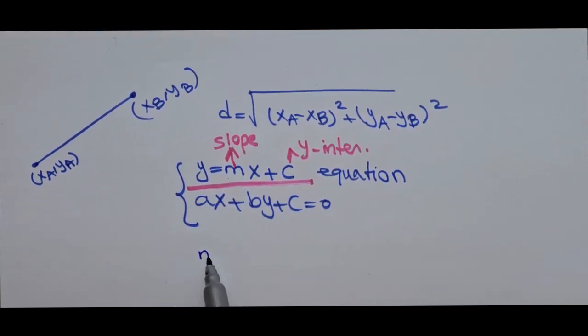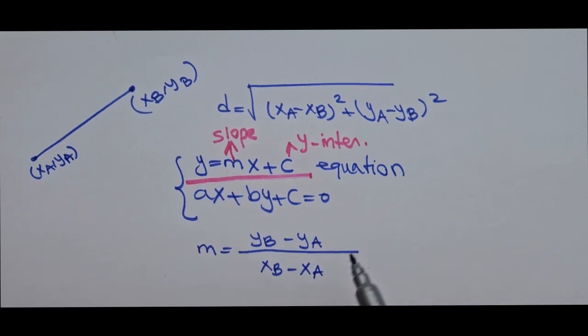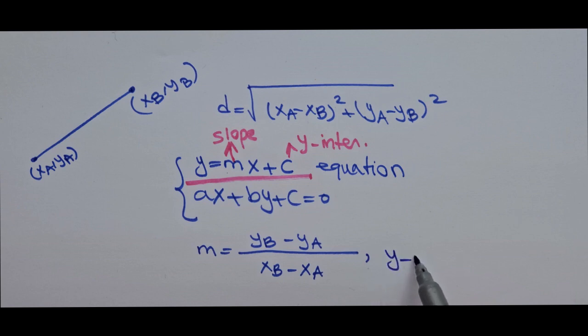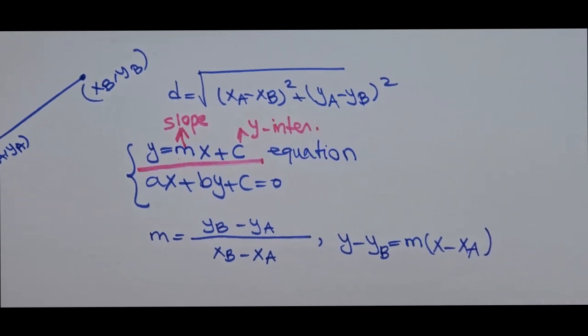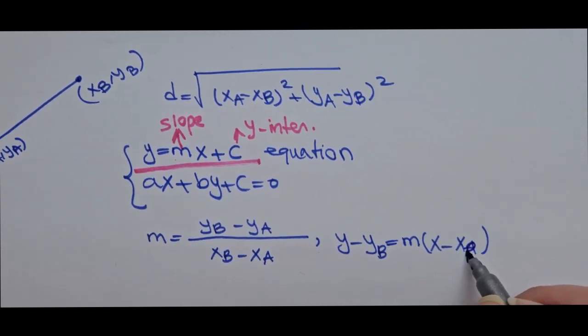So this is the formula for a slope: YB minus YA over XB minus XA. Okay, so this is the slope. After you found the slope, you just substitute it in this formula, right? And then from here, you get the equation of the line. These are some of the most important things you have to know.